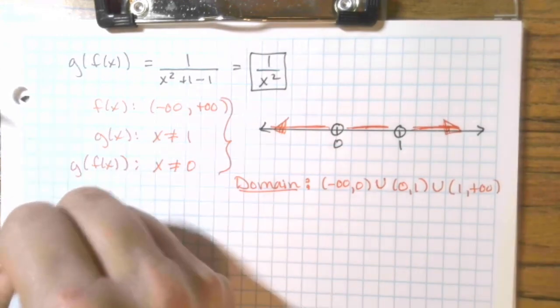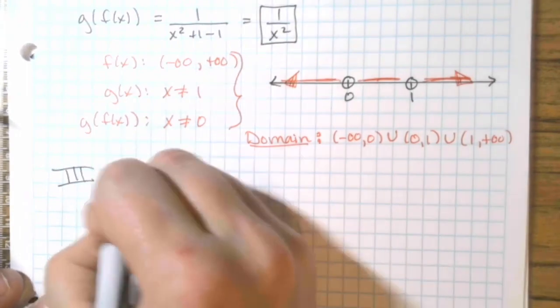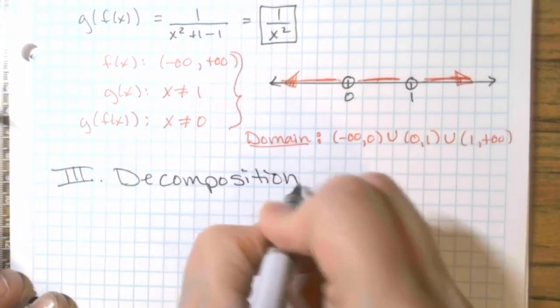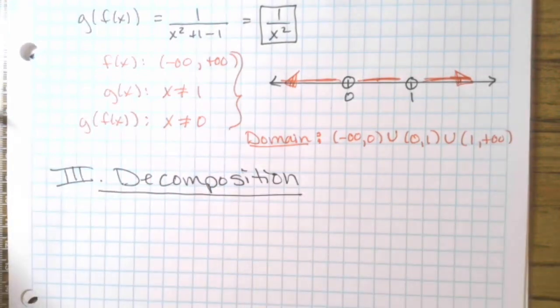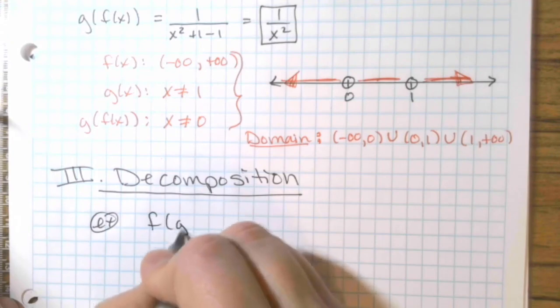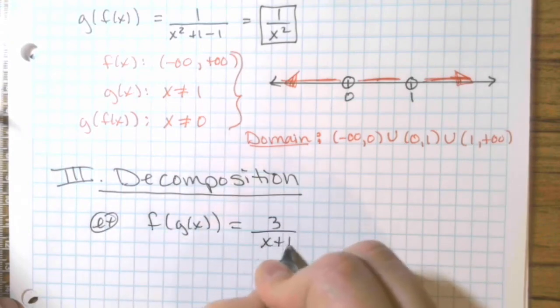Roman numeral 3. Your book does this funny thing called decomposition, and there's more than one right answer to decomposition, but basically you're going to pull something apart. So for example, f of g of x, let's say that equals 3 over x plus 1.